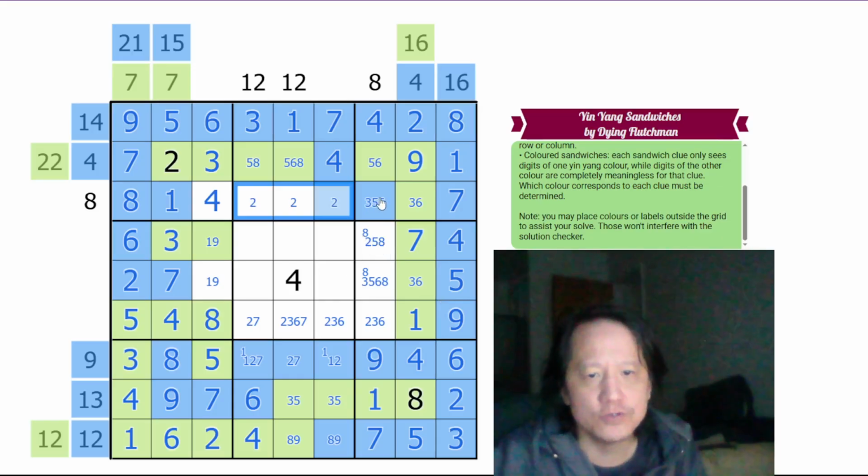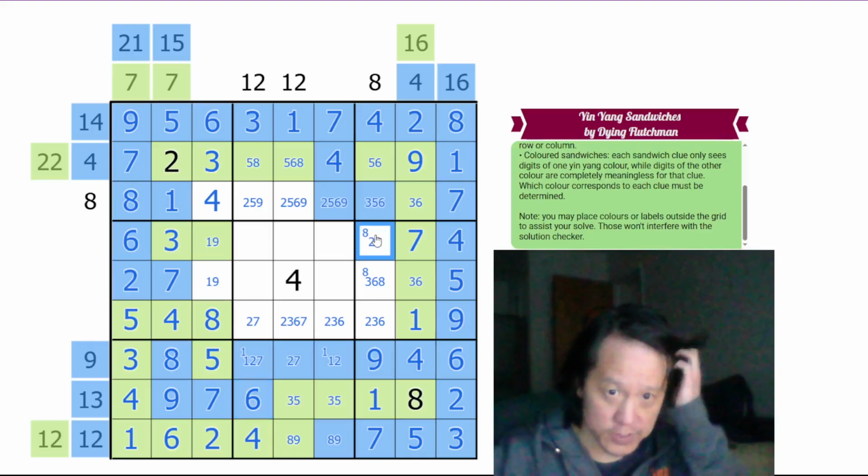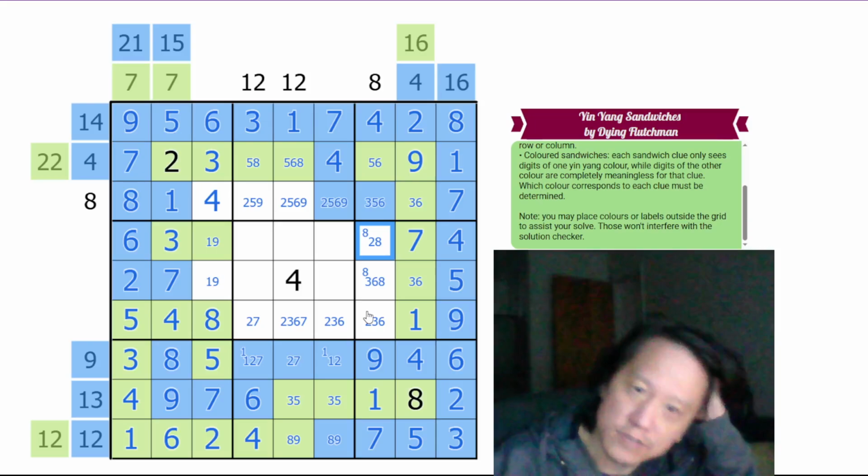We have 2, no 3, 5, 6, and 9. Okay. This can't be 6 because of 6 in the column. This can't be 5 here. Okay. So this is guaranteed to be 2 or 8.